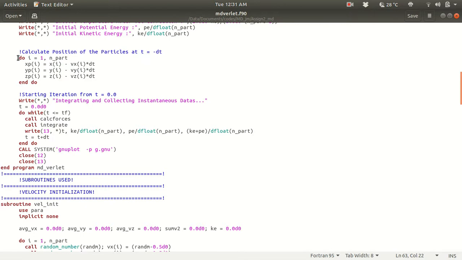So for the first step only, at t equal to 0, we will be needing the position at t equal to minus dt. For that position only we are using Euler here, nothing else.